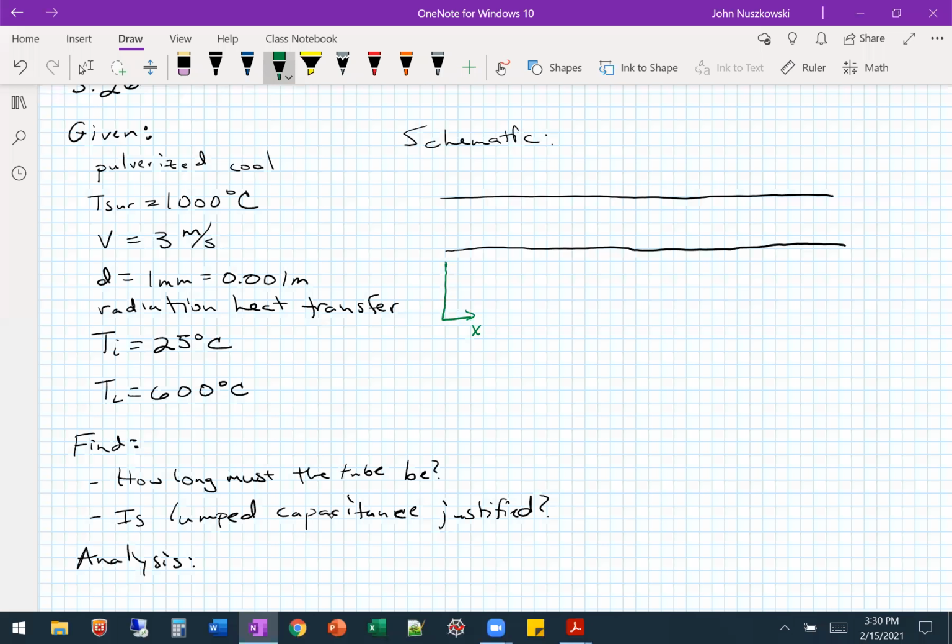There's our x direction, and over here is where it's a length of L. We have our coal particle right there, our coal pellet.